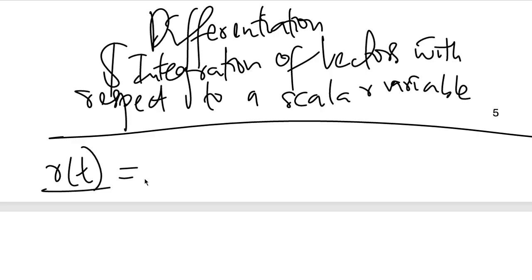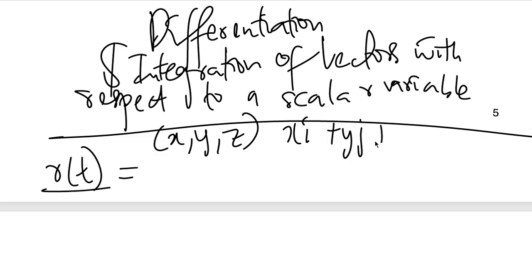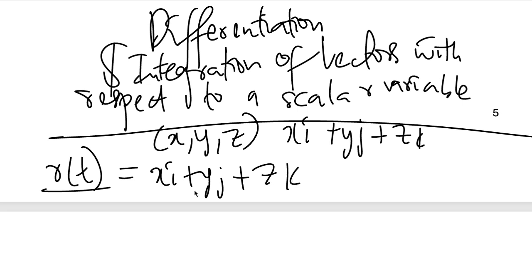We look at x, y, z, or represent it as xi plus yj plus zk. If you watched part 1, you'd have seen where I explained 2D and 3D vectors. So r(t) is a function of three different coordinates, xi plus yj plus zk. But this is not complete, because each of them has to be a function of this scalar.